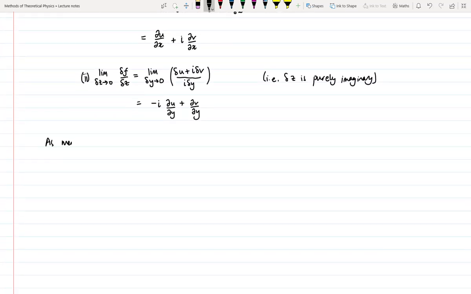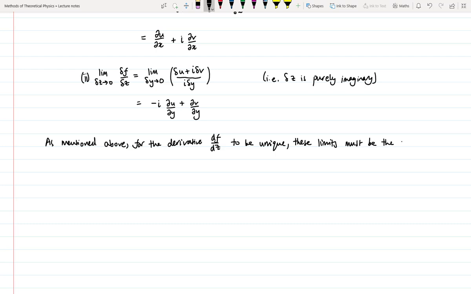As mentioned above, for the derivative df by dz to be unique, it must be independent of the approach. So these limits must be the same. So we can equate these two expressions that I'll label with asterisks.